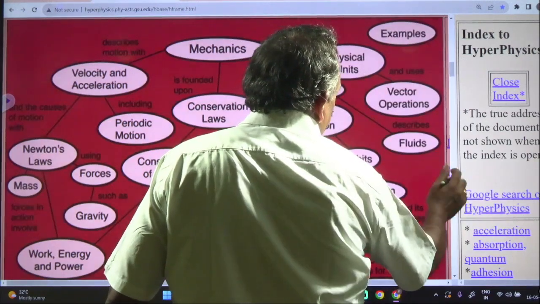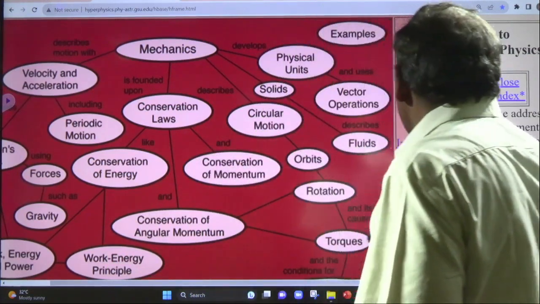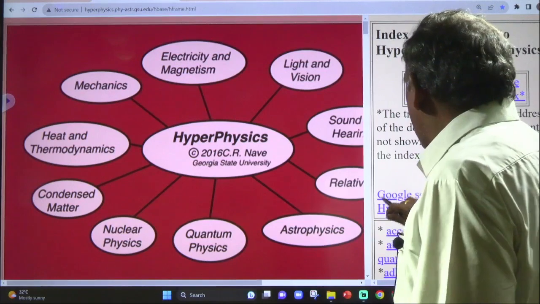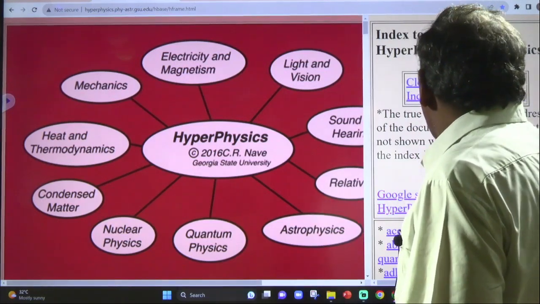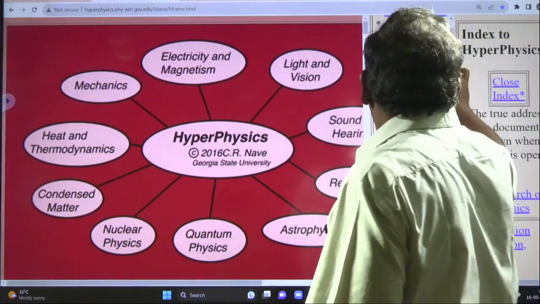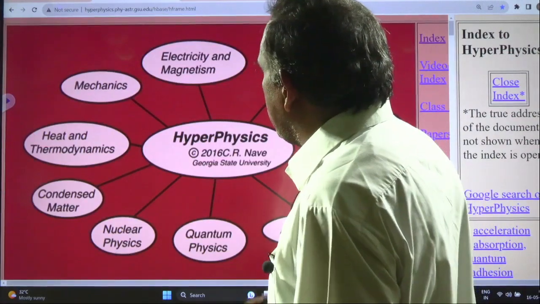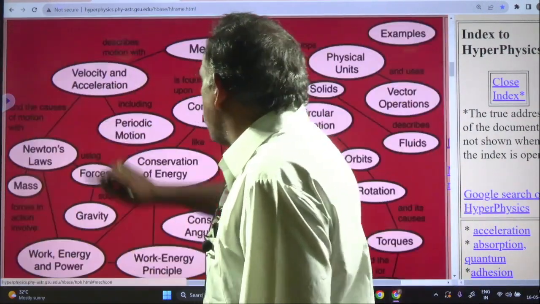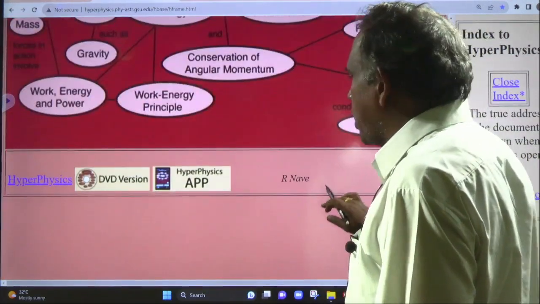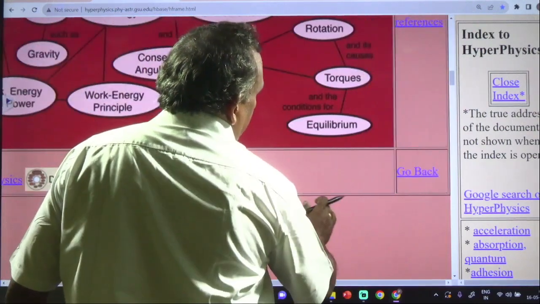Coming to the index, in the index, go to mechanics. There we have the equations, and there are some physical constants also.